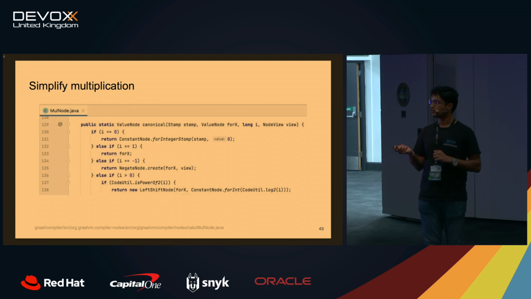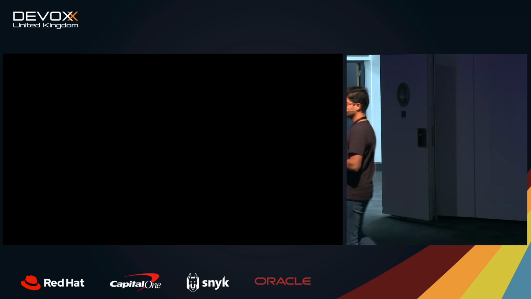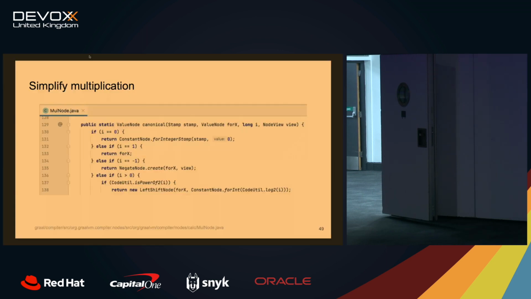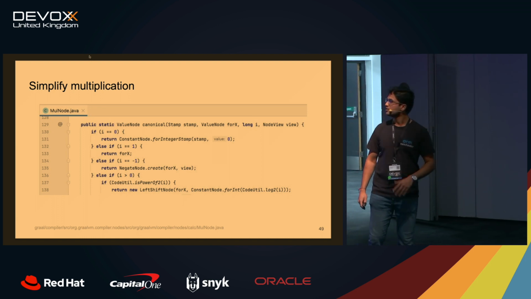If it is a power of 2, we left shift. Instead of doing the multiplication, we do the left shift for A and value 4. So we need to compute what is the value to be left shifted with if we want to multiply by 16.